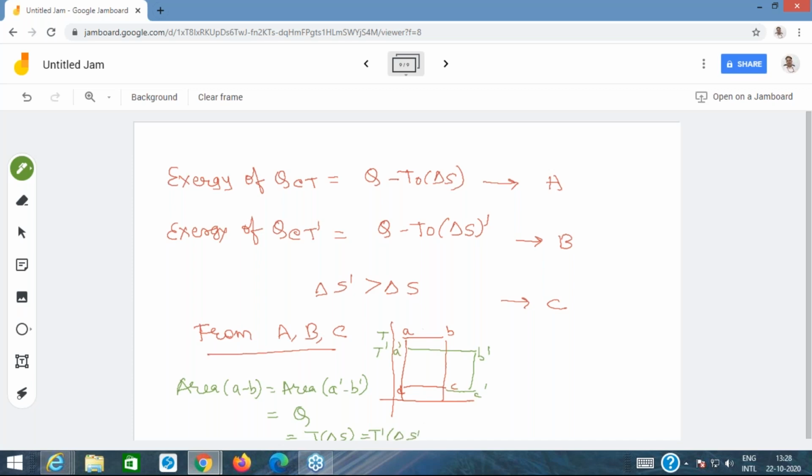Okay, right? Now what is the area under C dash D? C dash D, mind well. What is the area under C dash D? Right.